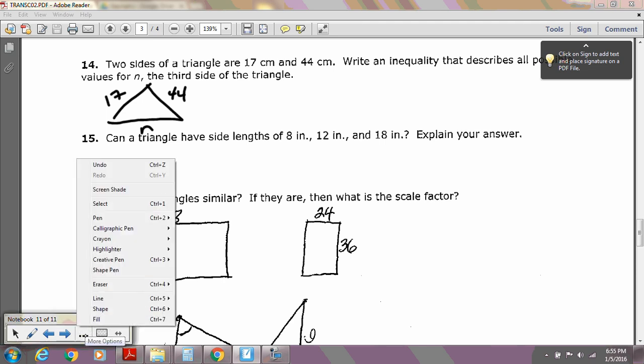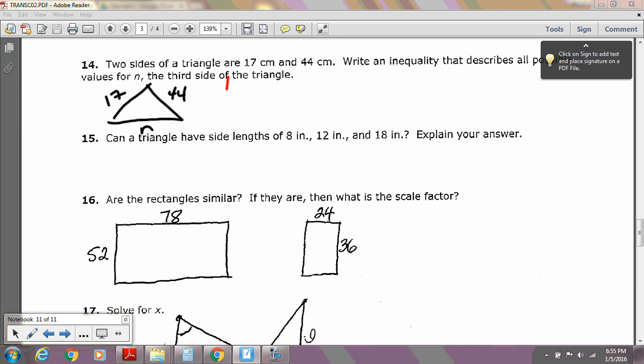To write the inequality, you need to find the low number and the high number for the boundary. To find the low number, you take the largest number, 44, and subtract the other number, 17. And that would give you 27.